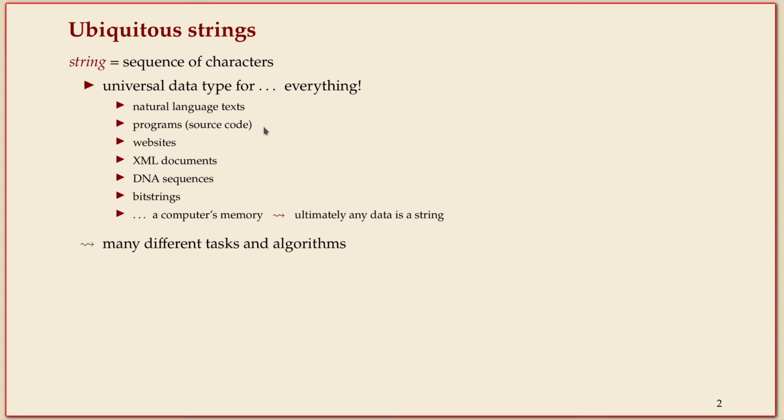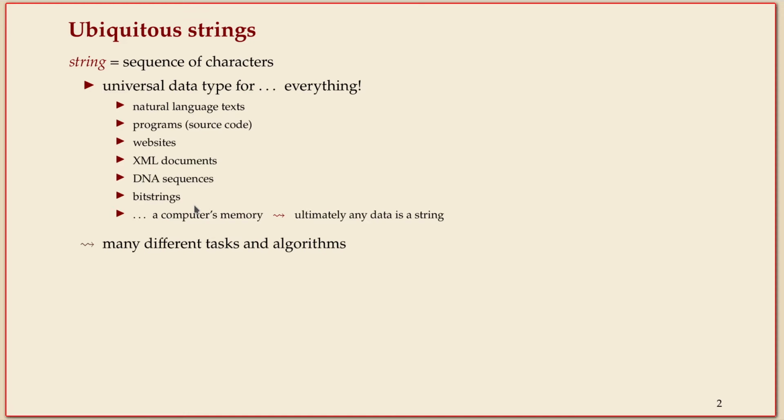We use them for programs. They're used for websites and XML documents, which arguably websites should be, right? They're also in our body in a way, even though maybe encoded in a slightly more wet and yucky form, but DNA sequences that make up your genome are also strings in essence.